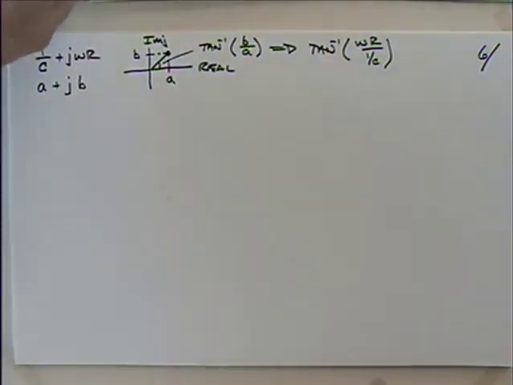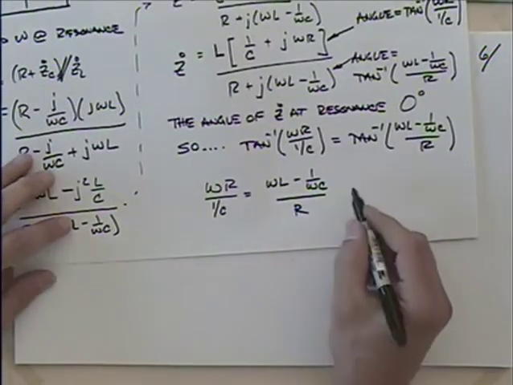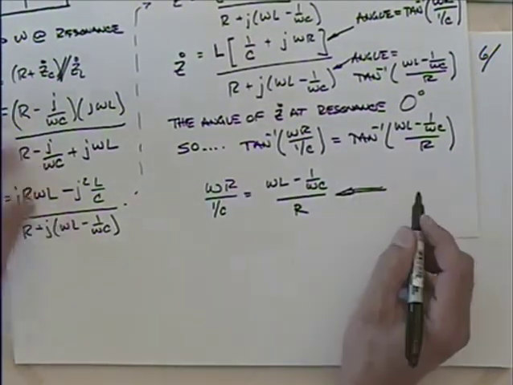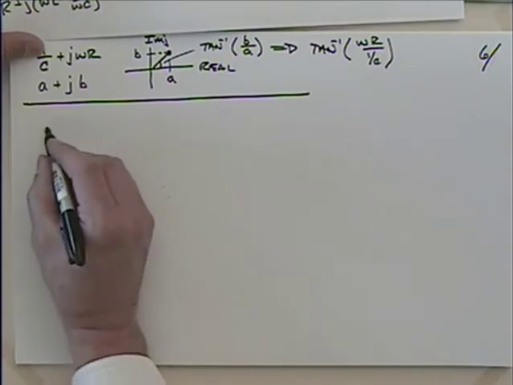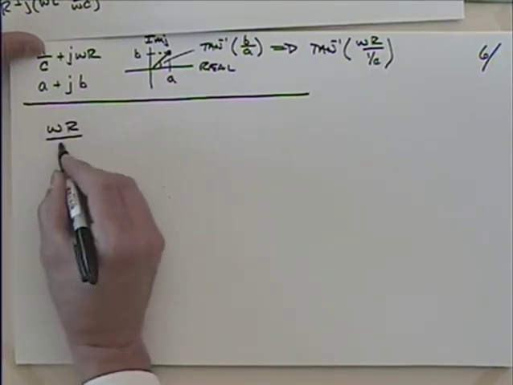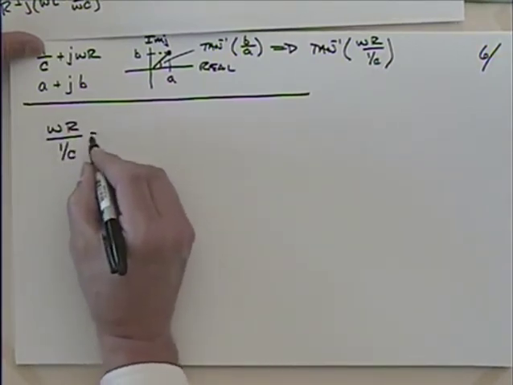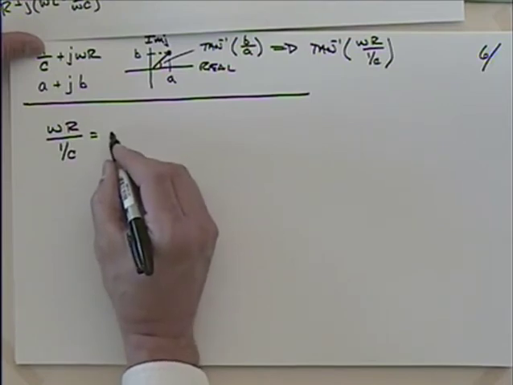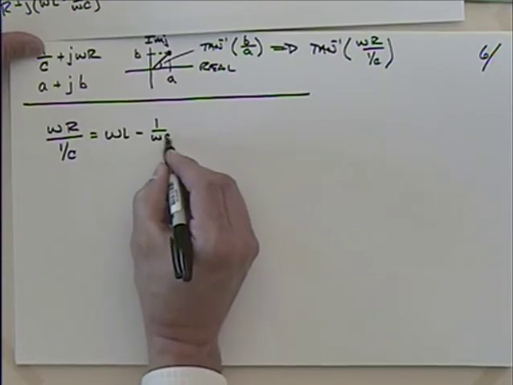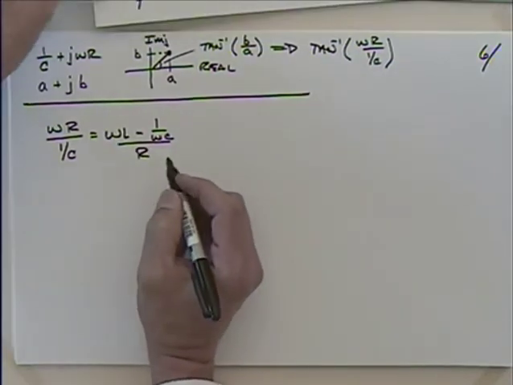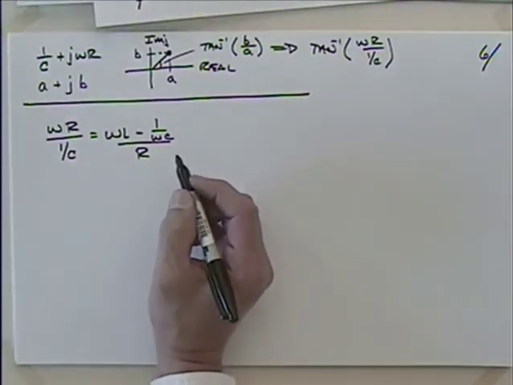So if we go back and we pick up at this point right here, let's see what we've got then. So we could say that omega R 1 over C, and I'm just rewriting that, is equal to omega L minus 1 over omega C divided by R. So what's a good plan on that?